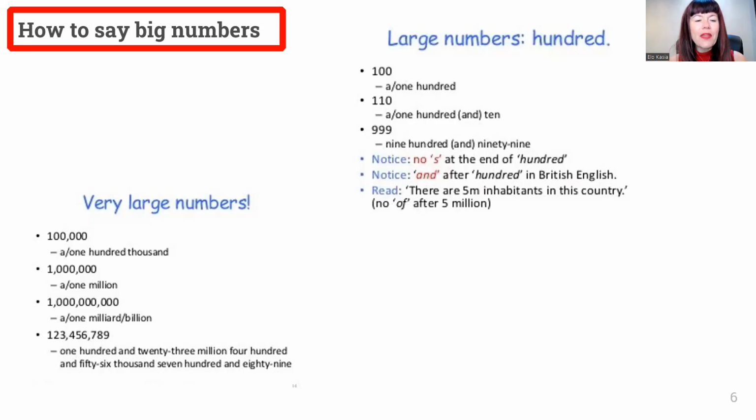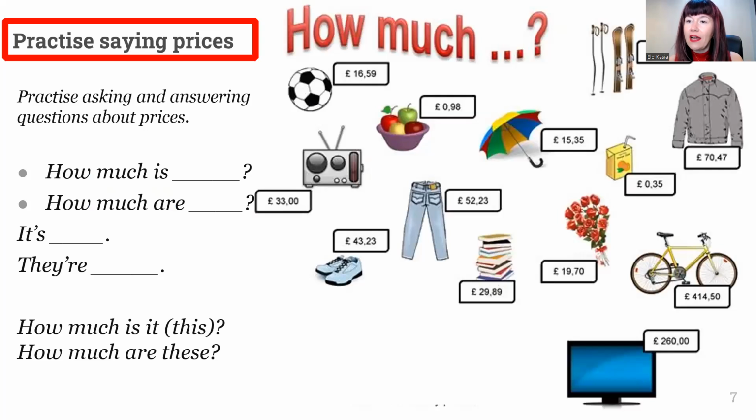One more time. 123,456,789. So it's a little bit difficult to read the big numbers, but do not worry, we'll practice these during our conversation lessons as well. Okay, and here you can have a little bit of practice on your own.